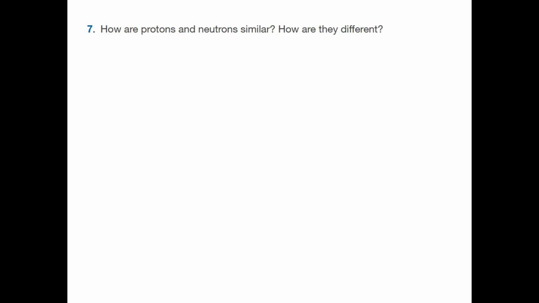So let's look at some problems from the OpenStax book. It says, how are protons and neutrons similar? Well, I think how they're similar is that they are both located in the nucleus. And how are they different?